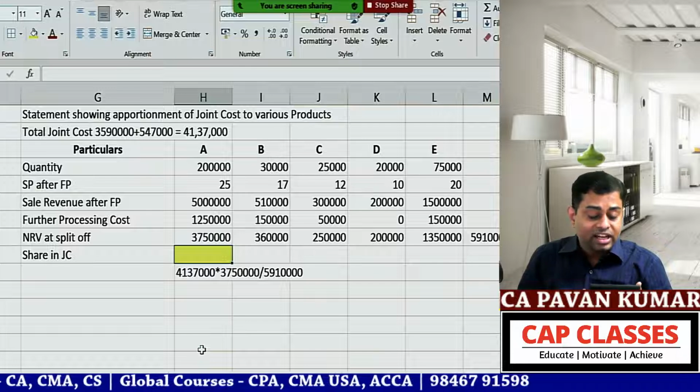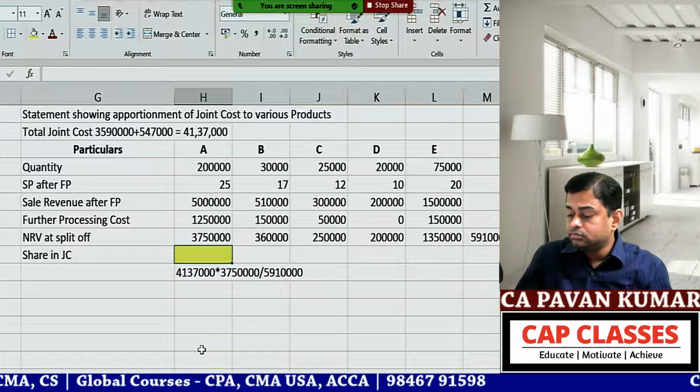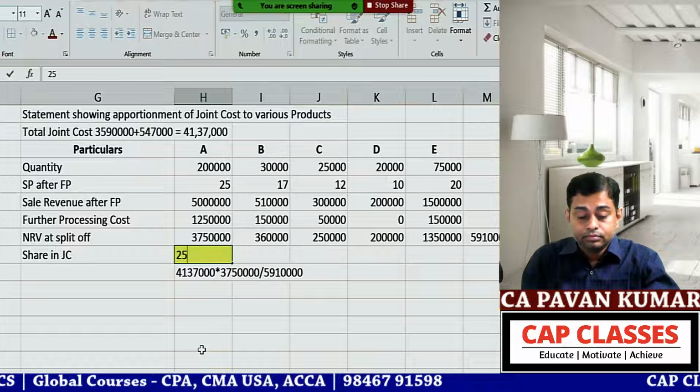Is it 26 lakhs 25,000, ma? Yes, sir. You got it? Yes, sir.